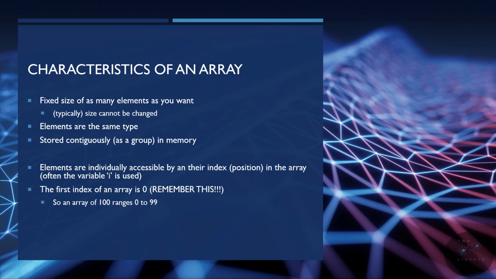So if you want an array that has 100 values in it, it starts at 0 and goes to 99. That said, the last element in the array is the size of the array minus 1. So again, if you have an array with 100 elements, the 100th element is at index 99. So it's 0 to 99. It starts at 0 and it goes to the size of the array minus 1.